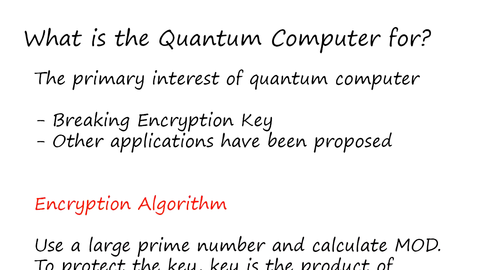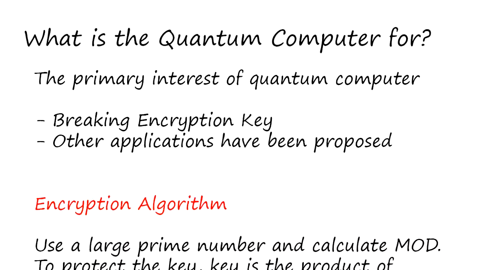We talk about what a quantum computer is and what it is for, why we need a quantum computer. The primary interest of a quantum computer is hacking the encryption key used for secure internet communication.